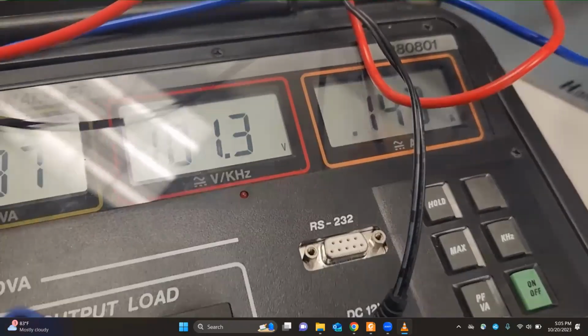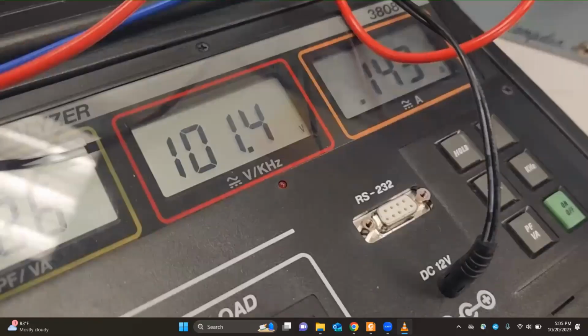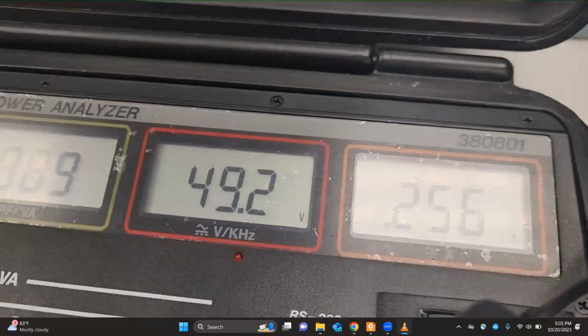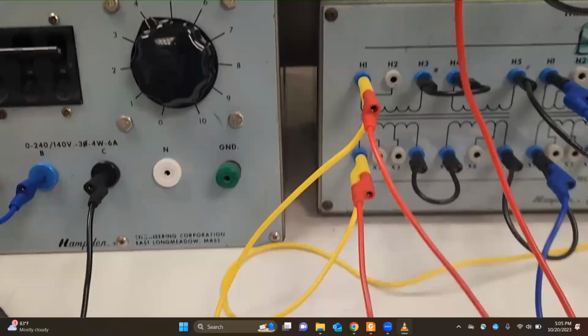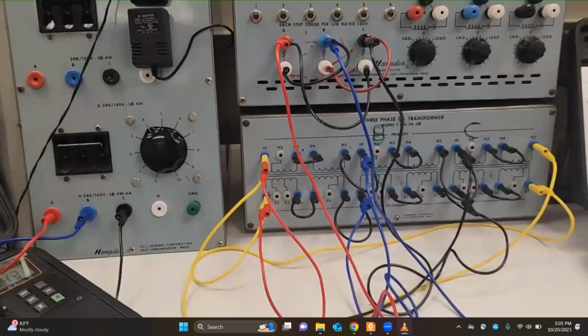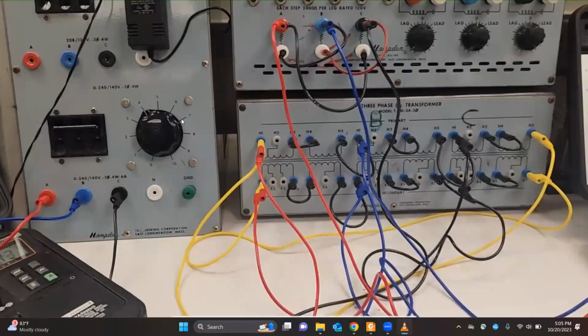Yep, so 100.4 on the primary, and on the secondary we have 49.2. It shouldn't be exactly 50 because there are some losses. So that's about it for the delta connection.